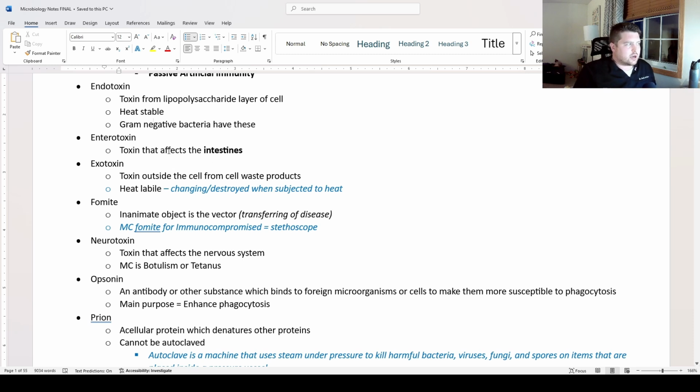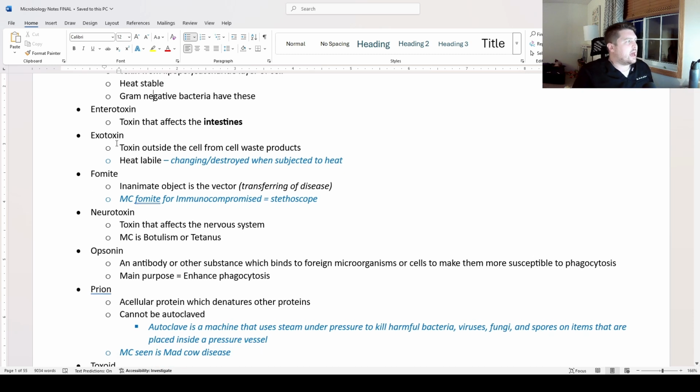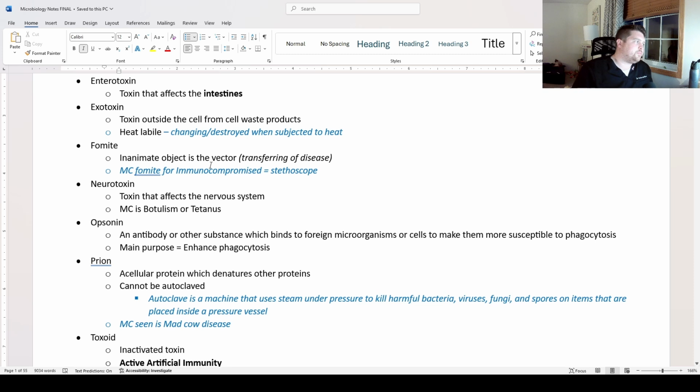Enterotoxin, these are toxins that affect the intestines. Exotoxins, these are toxins that are outside of the cell, specifically from cell waste products. These are heat labile, which means that they can be destroyed or changed, subjected to being broken down when they're exposed to heat.